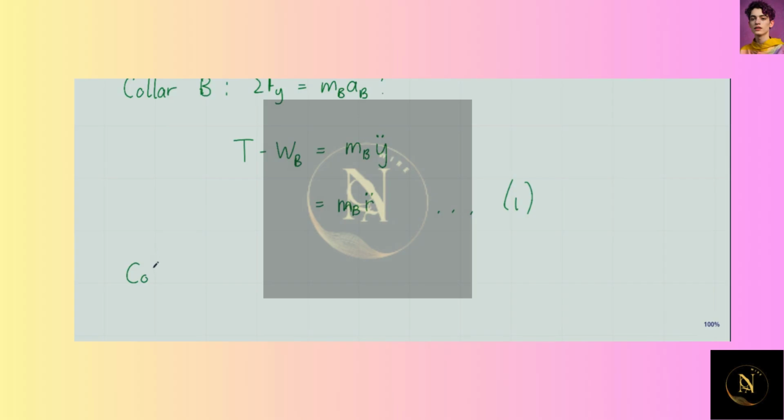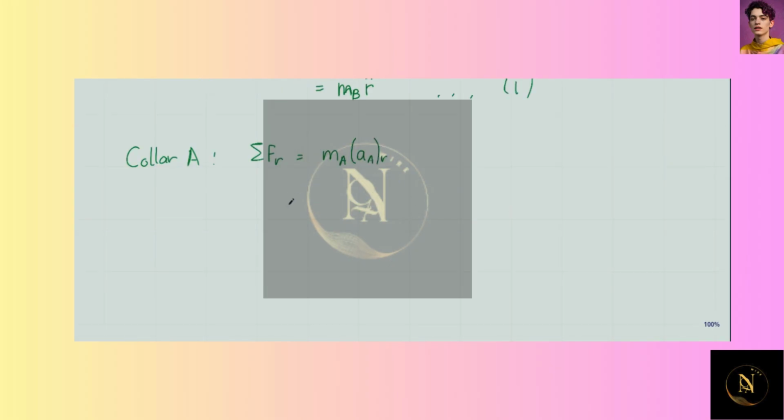Now for collar A, we'll apply Newton's second law again. And the sum of all the radial forces must equal to the mass of A times the acceleration of A in its radial component. So the radial forces are due to the tension, minus T. So minus T must equal to MA, and the acceleration is R double dot minus R theta dot squared.